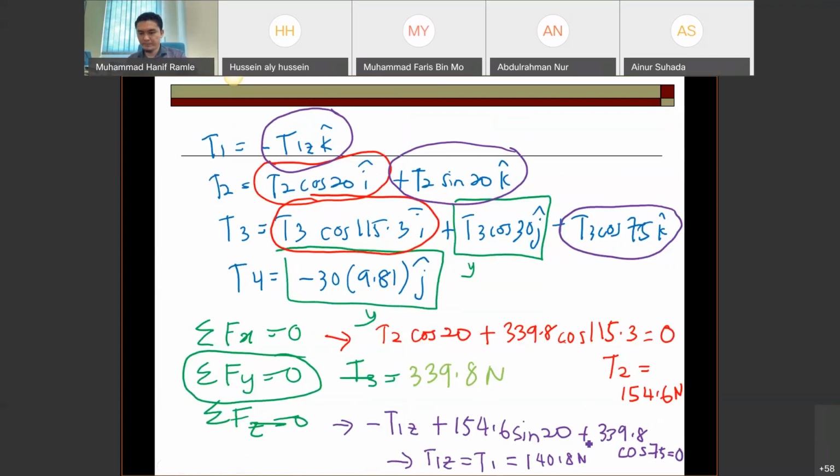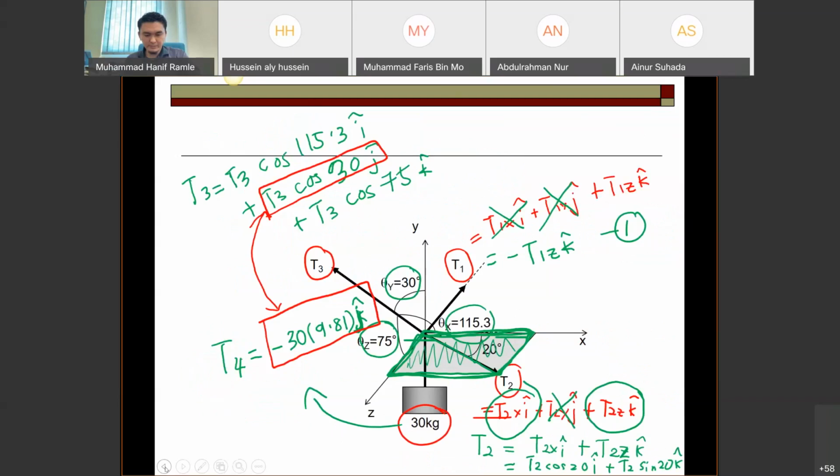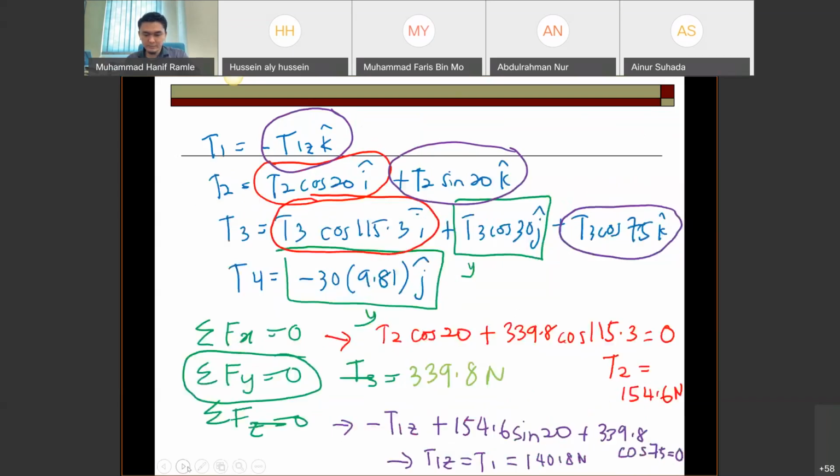Newton. Doctor, is T2 positive or negative? I think negative. Let me check. Yes, T2 in the X side should be negative, this value 154.6.